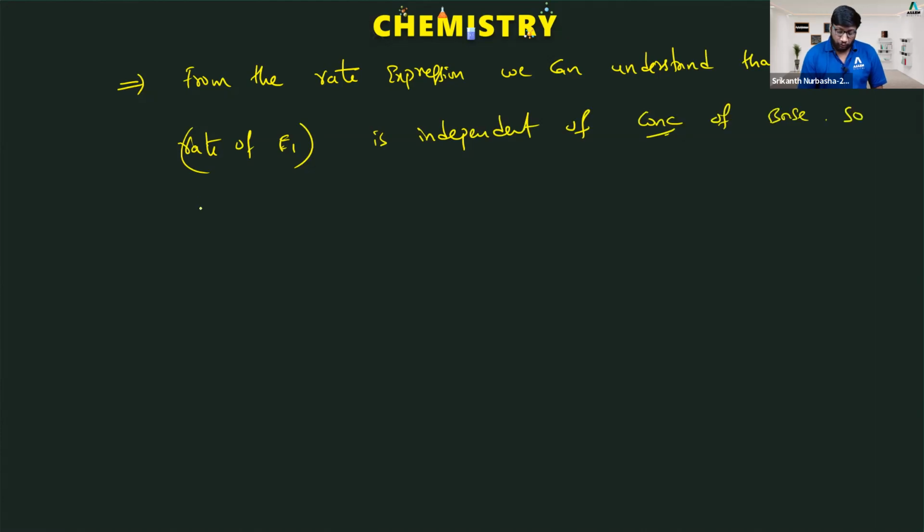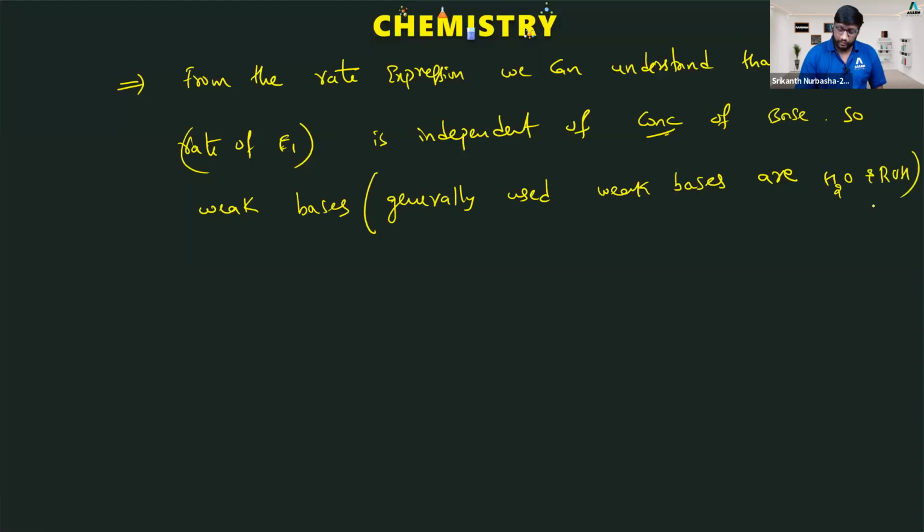So weak bases have to be preferred. Weak bases generally used are water, H2O, and alcohol, ROH.